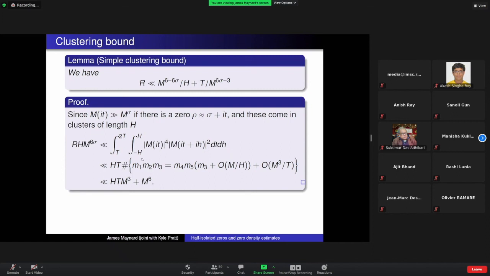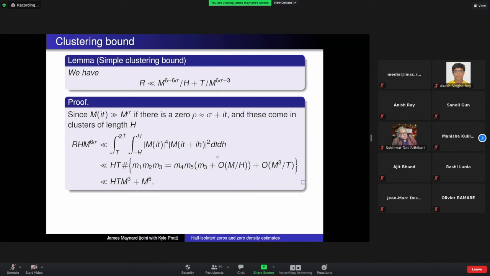But on the other hand, we can fairly straightforwardly estimate this sum, and it turns out that you can bound it just by some Diophantine counting problem, and so you can get a fairly sharp bound for this using a variant of the mean value theorem.